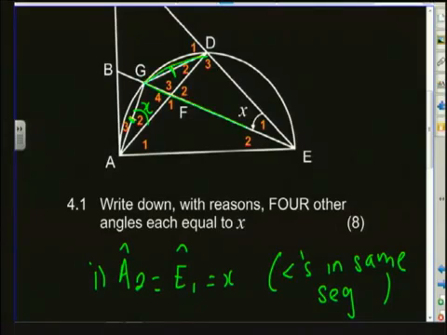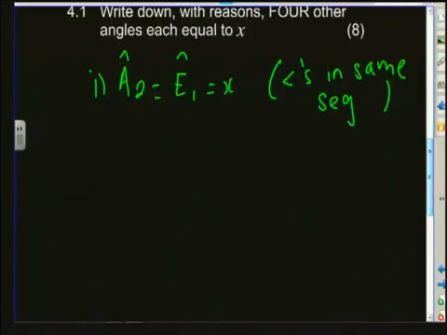We see that GD is going to subtend angle E1, and then using GA, we see that that subtends angle E2. So therefore E1 is going to be equal to E2, which is going to be x, and our reason there is equal chords subtend equal angles.